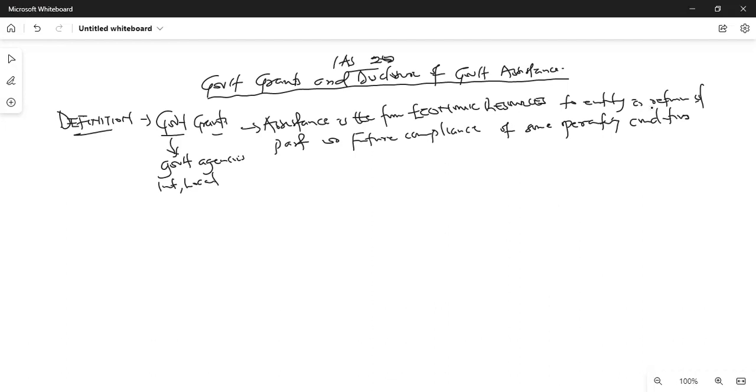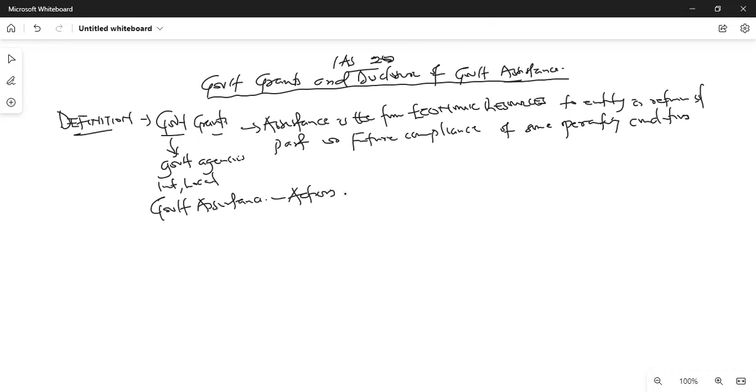All right. Now, we need to understand the second bit of it, which is government assistance. It is also an assistance. It's actually an action, not an economic resource. Okay, not an economic resource.